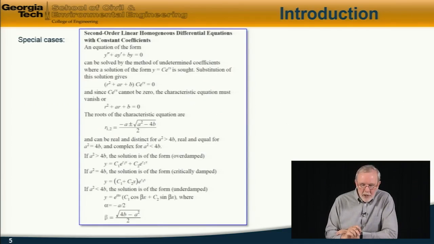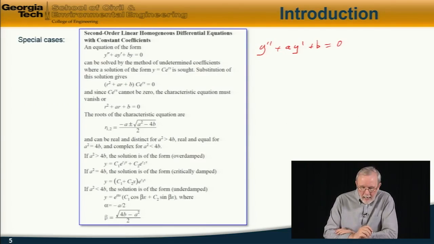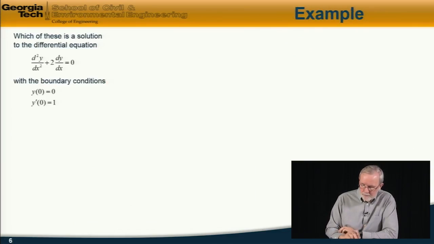The next special case is second-order differential equations, which have this form: y double prime plus ay prime plus by is equal to 0. We can solve this by the same general procedure that we just did, but the specific solutions to the second order equation are given here. And I'll do an example on that.